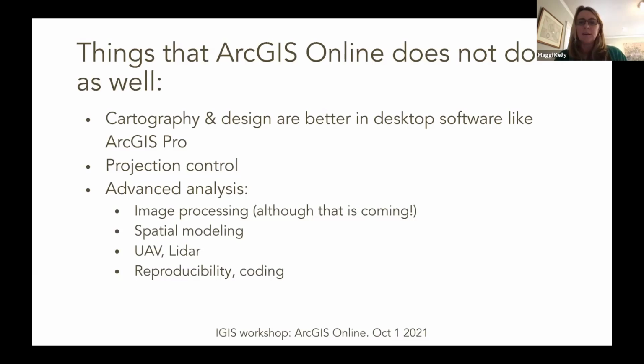That's better done on a desktop application like Pro. And up till now, there hasn't really been a way to do advanced analysis on ArcGIS Online, although, like I said, that's coming. So image processing, making classification of a remotely sensed image, for example, that's coming to ArcGIS Online.